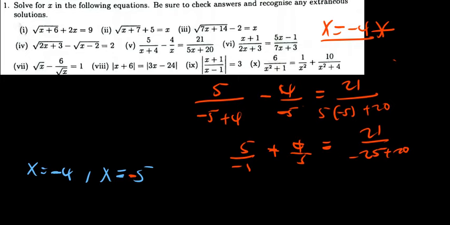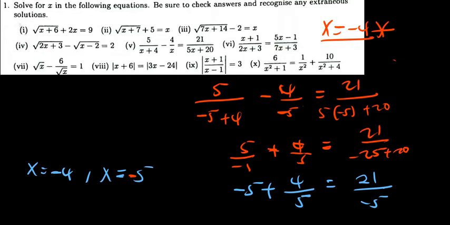So here is the same as negative 5, just negative 5. It's okay if you write it that way. Negative 5 plus 4 over 5 is equal to, this will be 21 divided by, down here is going to be negative 5, like that.